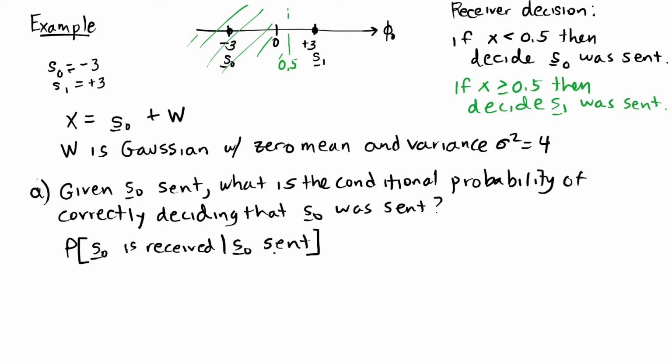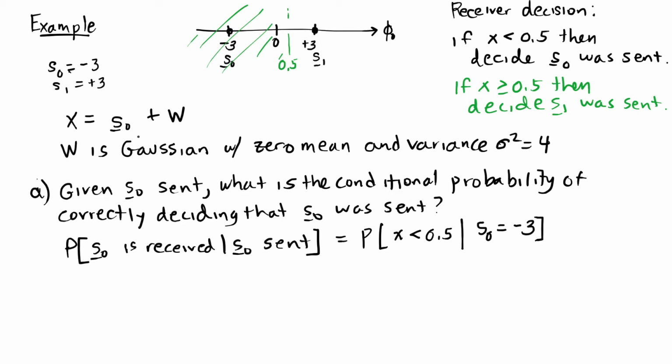And this translates into something about X. That is the same thing as saying that X is less than 0.5, because I've said that we decide that S0 is received when X is less than 0.5. And this is given that S0 equals -3. That is the condition of what happens when S0 is sent.